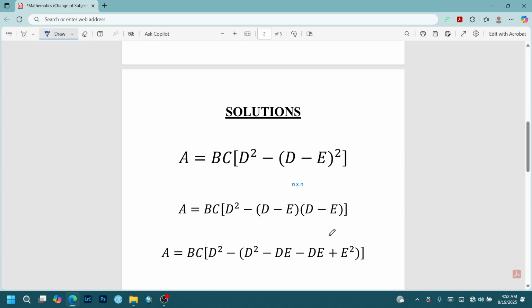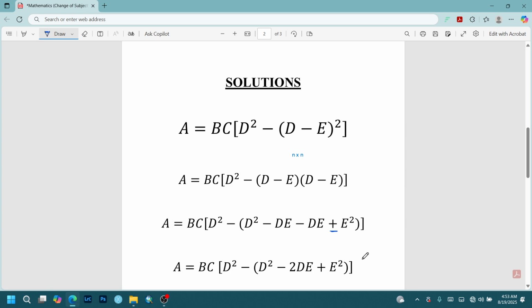So the rule in mathematics is that negative multiplied by negative gives positive, negative multiplied by positive gives negative, positive multiplied by negative gives negative, and positive multiplied by positive gives positive. So that's how our sign changed to become positive here.